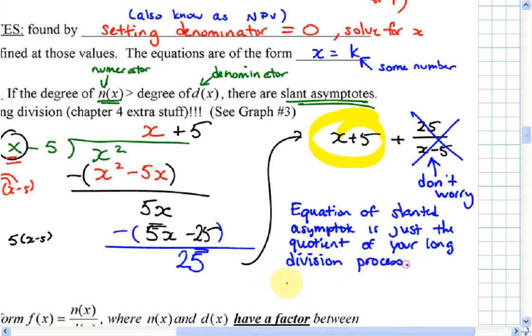So in this case, therefore, the slanted asymptote is just y equals x plus 5. That's all. So you just need to apply long division.